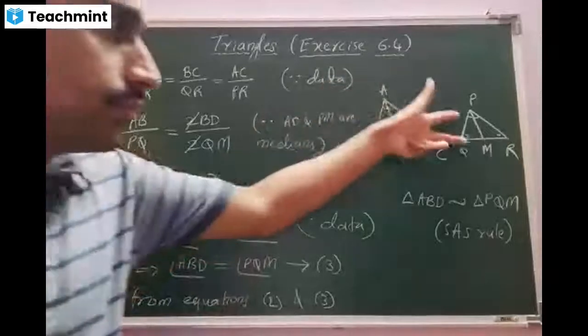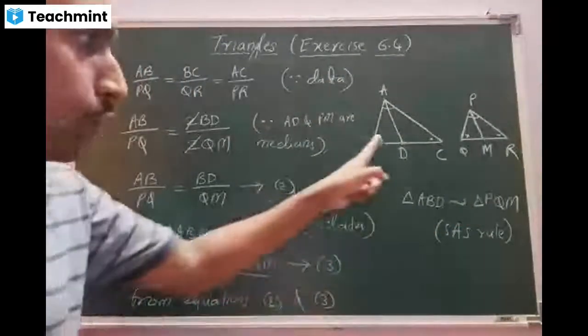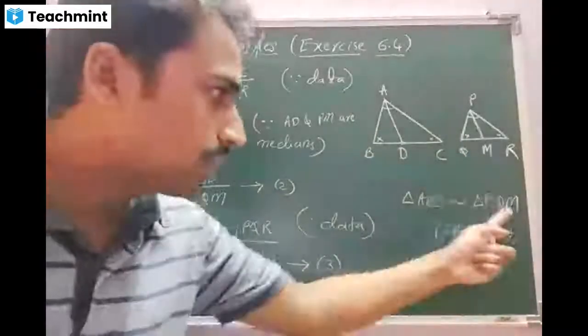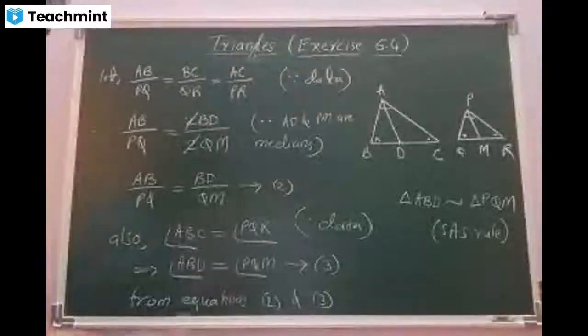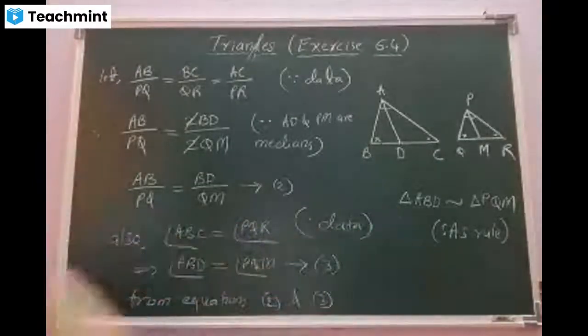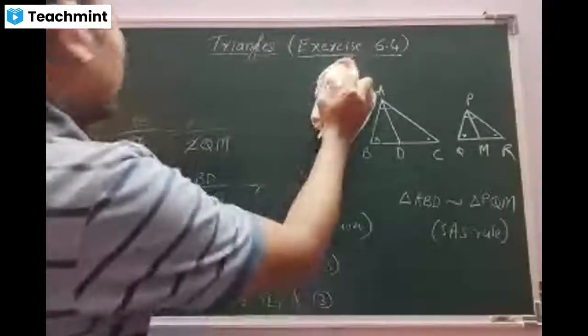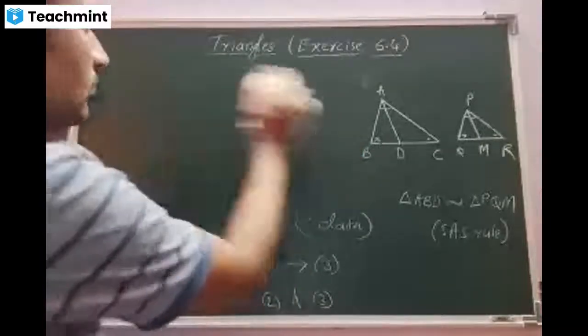Two sides are proportional and the included angles are equal. So the SAS rule says both the triangles are similar. Am I right? Write it fast. Do it quick. Done?